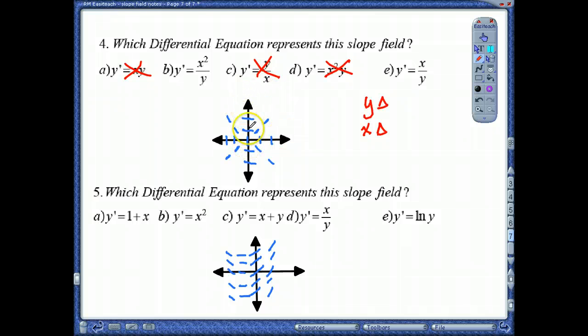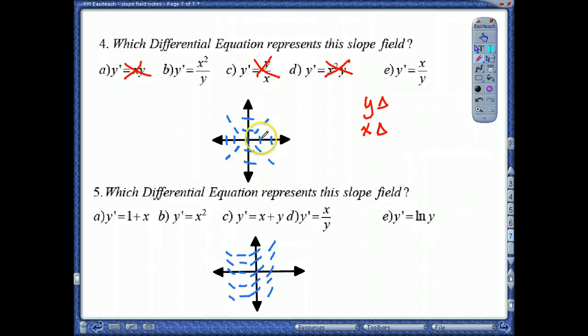Okay, so now I'm looking here when x is equal to 0. When x is equal to 0, ooh, both of those still fit. Darn it. So we're still duking it out between B and E here. When I'm looking at this, I notice where x is just x to the 1 power, it's not x squared.